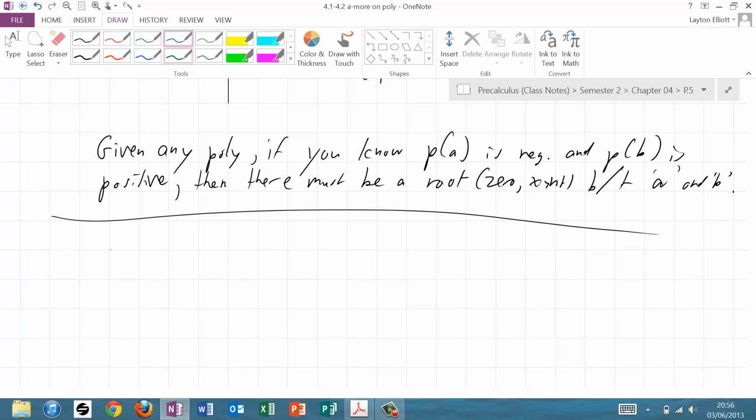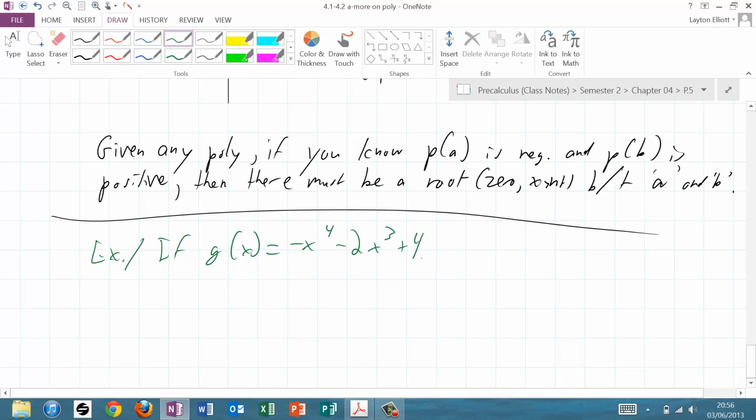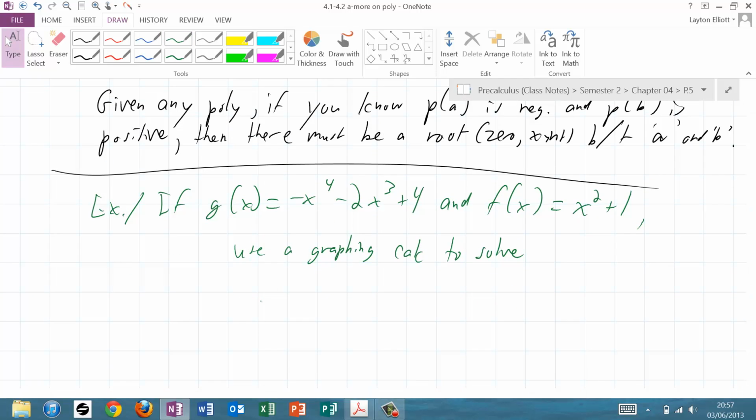Okay, an example. If g of x equals negative x to the 4th minus 2x to the 3rd plus 4, and f of x equals x squared plus 1, use a graphing calculator to solve g of x equals f of x.